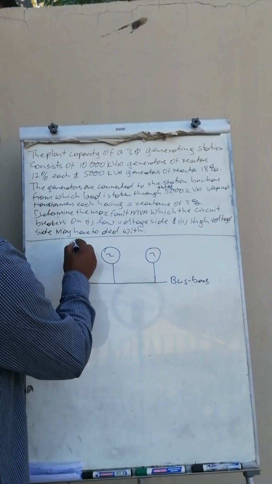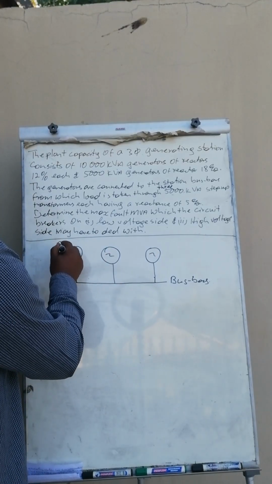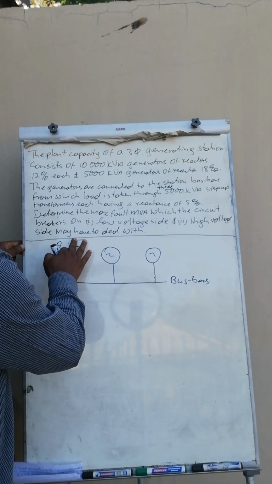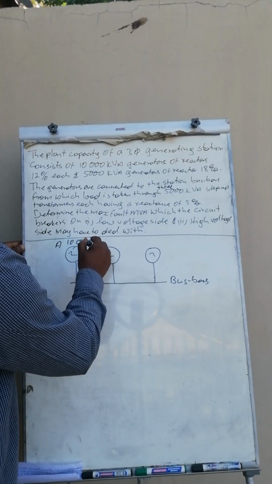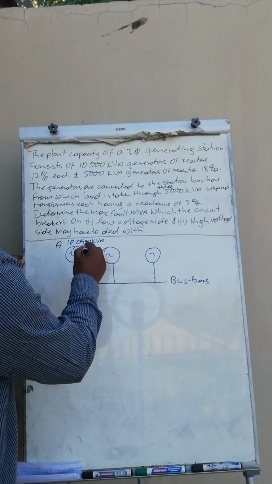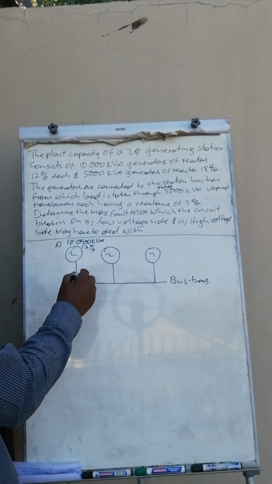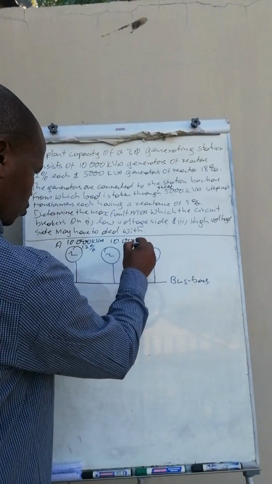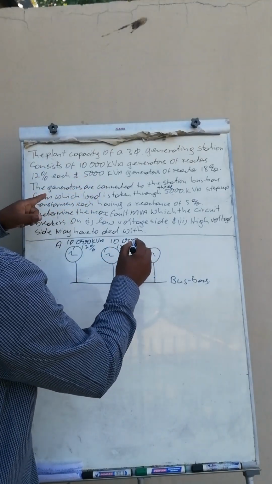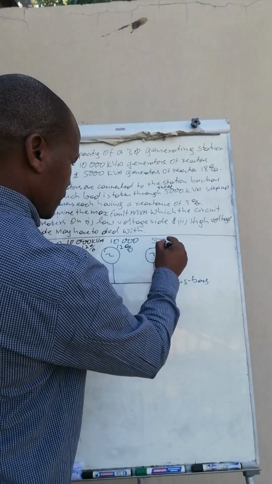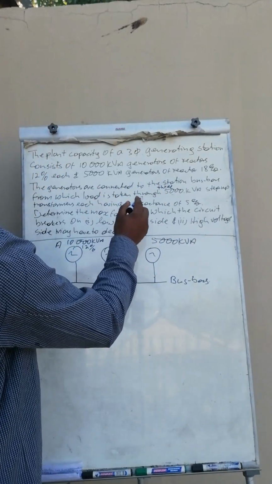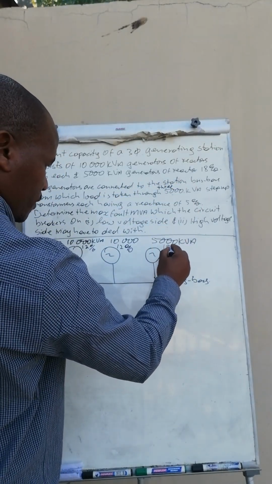We can say generator A consists of 10,000 kVA, and it has its internal percentage reactance of 12. This one as well, and it has 12%. And then you are told a 5,000 kVA generator, and this one has its internal reactance of 18%.